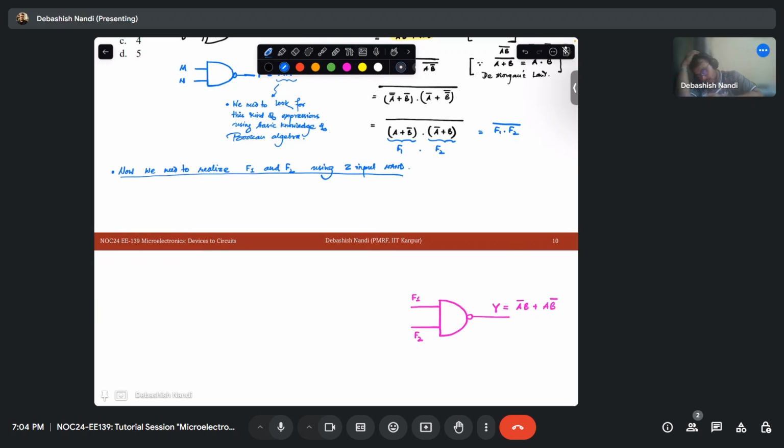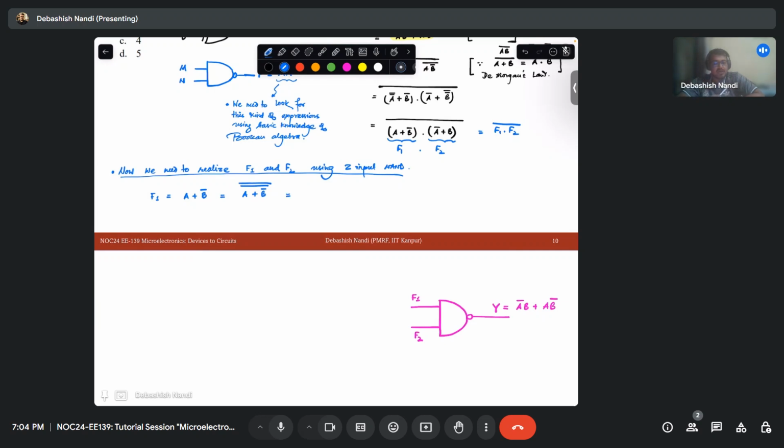So how can we do that? So we have F1 is equal to A plus B bar. Fine. So how can we write this? We can write this as (A plus B bar) bar bar, right? Same strategy we have applied earlier also. Now we will use De Morgan's law.